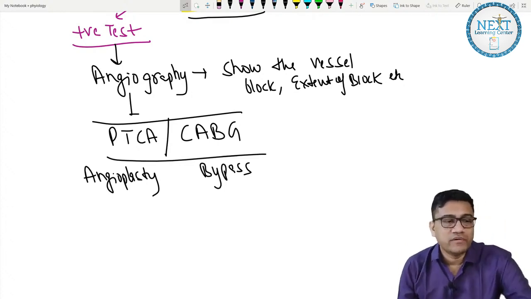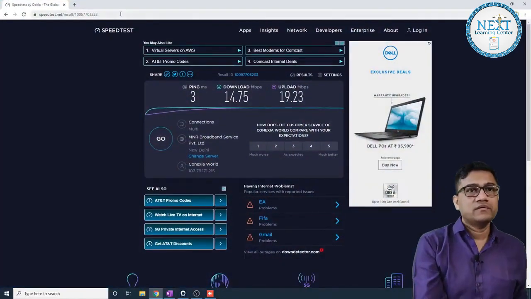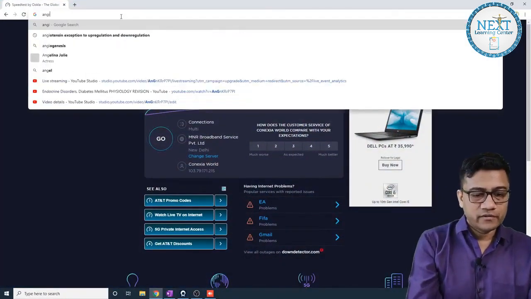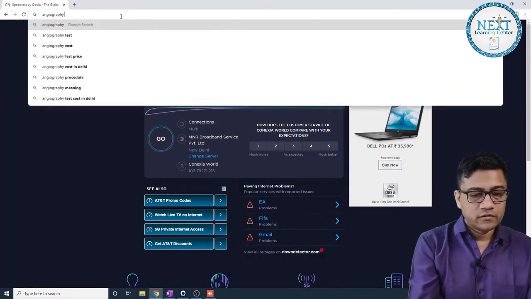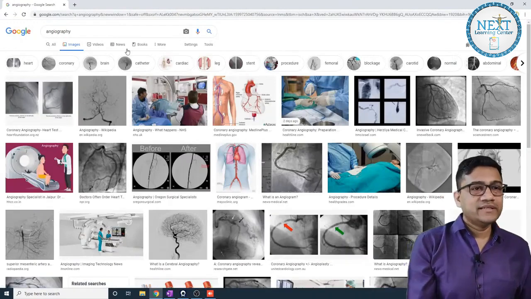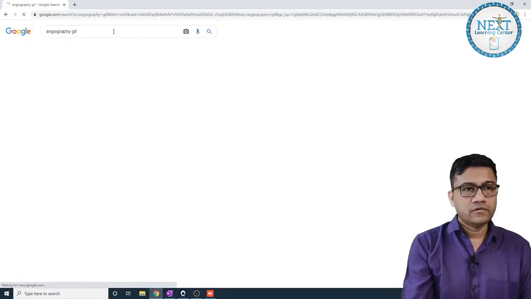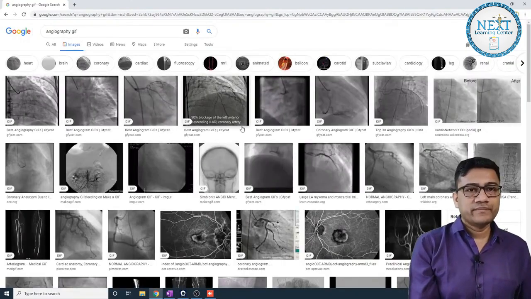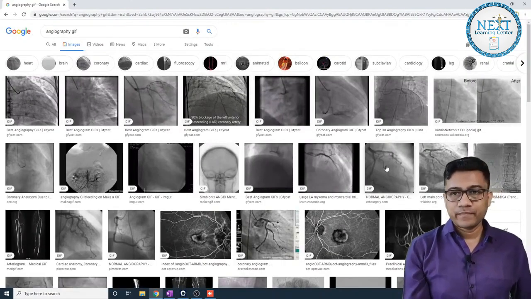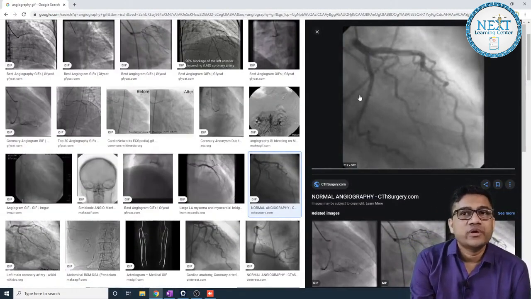So let me just show you one picture showing this angiography blockade. So just look at this. You can see all three vessels: LAD, circumflex and the right coronary artery.